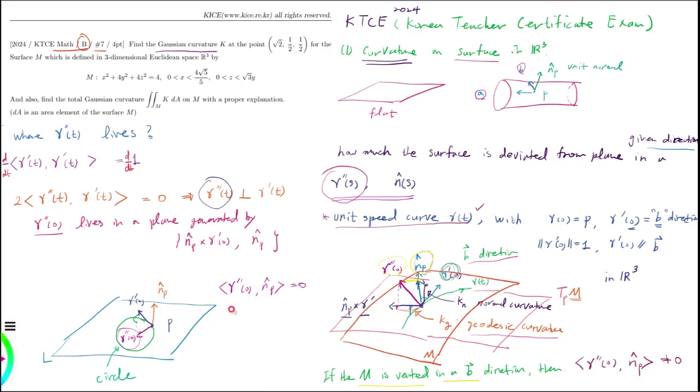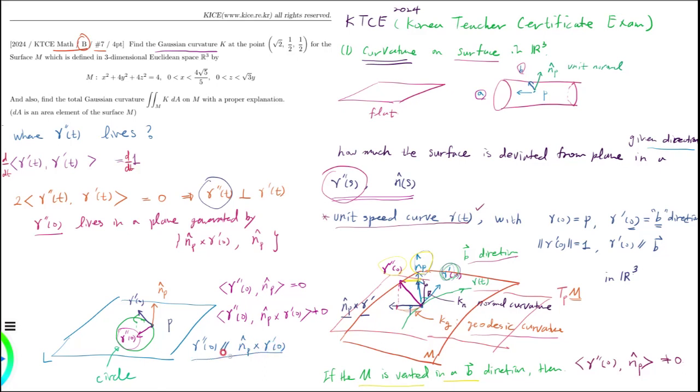However, its inner product with the exterior product of its unit normal vector and its tangent vector will be non-zero here. Actually in this case its second derivative is parallel to the exterior product of its unit normal vector and its tangent vector.